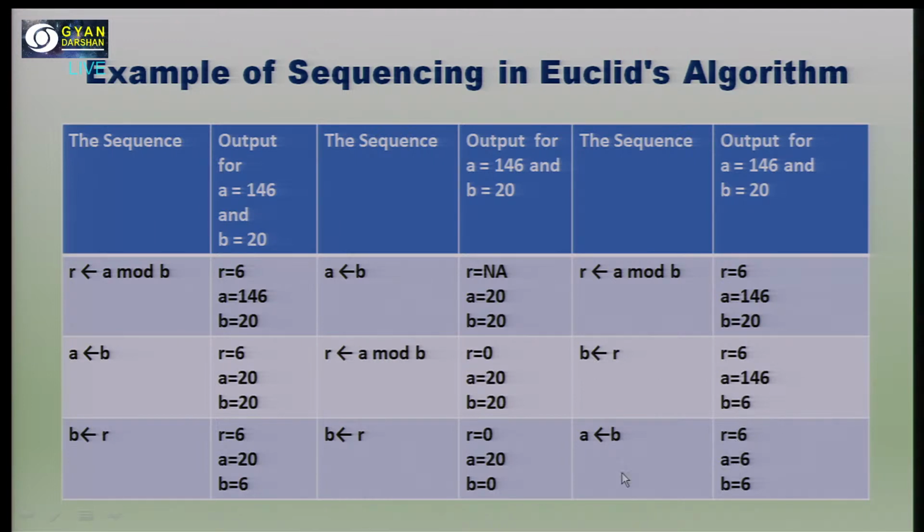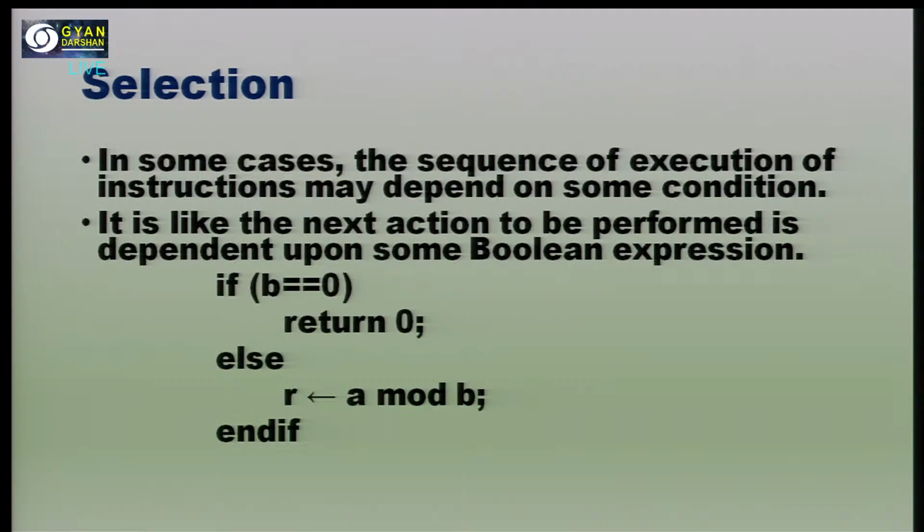And when you assign the value of B to A, you get all values as 6. Once again, that is an error. So the correct sequence is very, very important. You can see this effect of the correct sequence, that we are leading towards the computation of the GCD. If you do not follow the correct sequence, you are bound to end up in some sort of problem. So this is the example of sequencing. So it is very, very important that you choose proper sequencing in an algorithm.